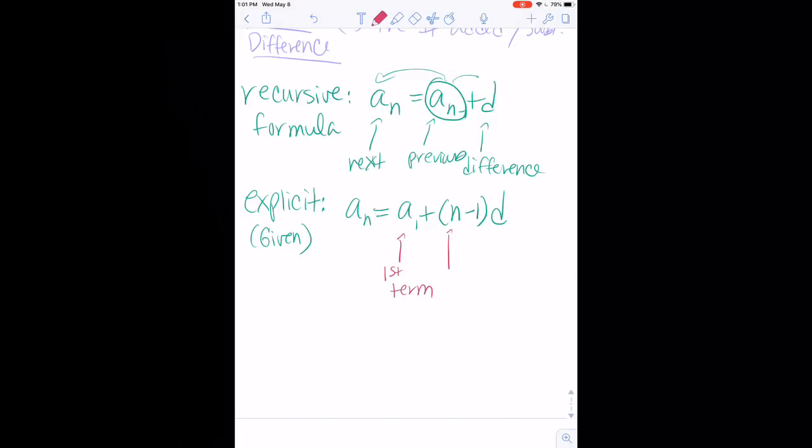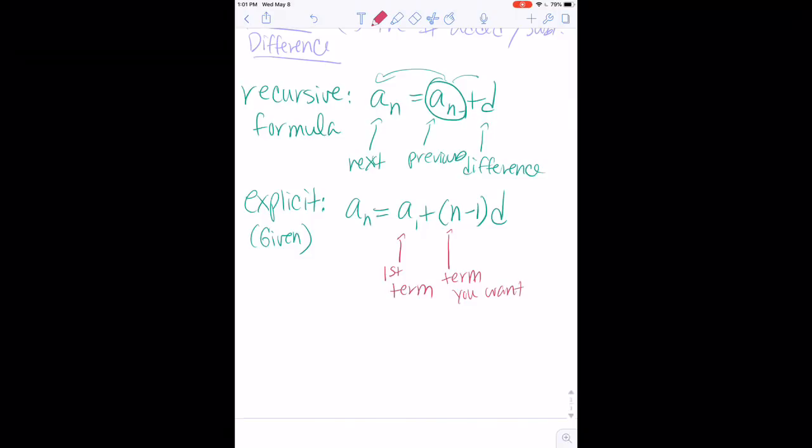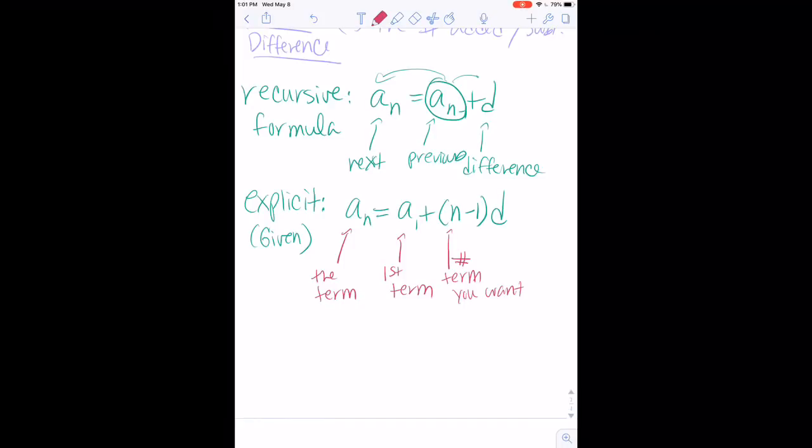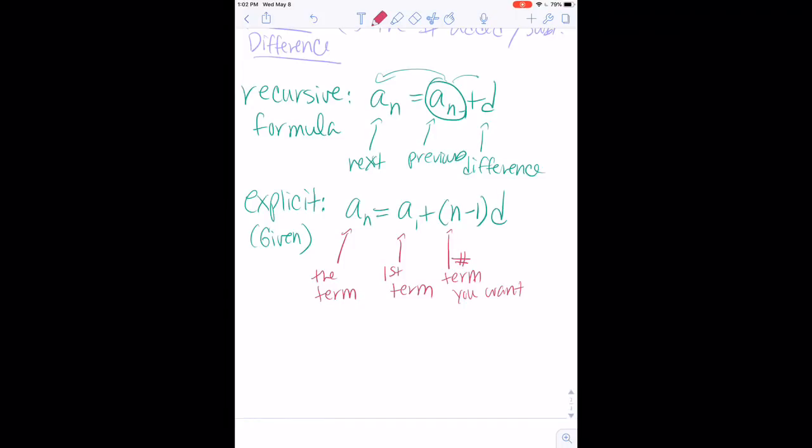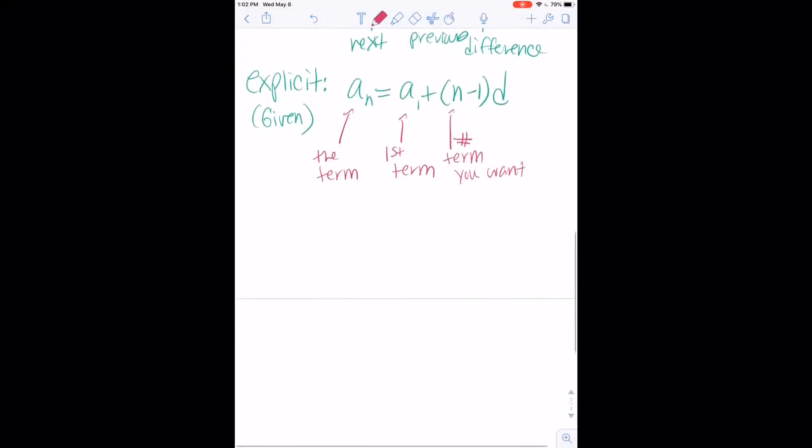N is the number term that you want to find. So let's say you want the 5th term. You would put a 5 right there. D is obviously difference, and then a sub n is the term that you want. So maybe I should change that to the number term you want. And it will just spit out any term you want to find, which is super helpful.